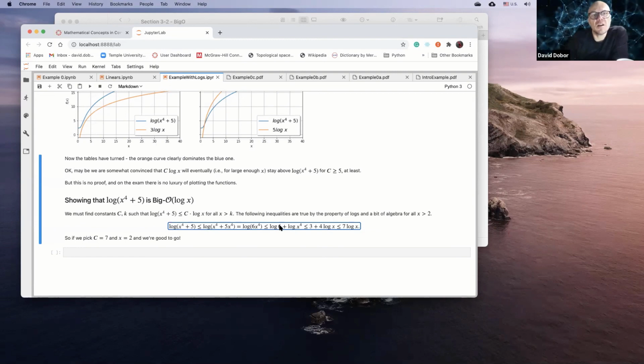So instead of log of 6, I can write down a 3 here, just to have a nice whole number there. Didn't have to. And log of x to the 4th is 4 times log of x.